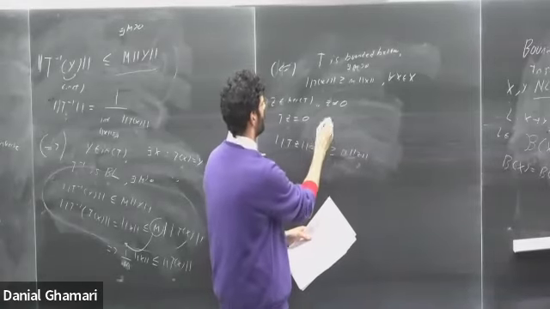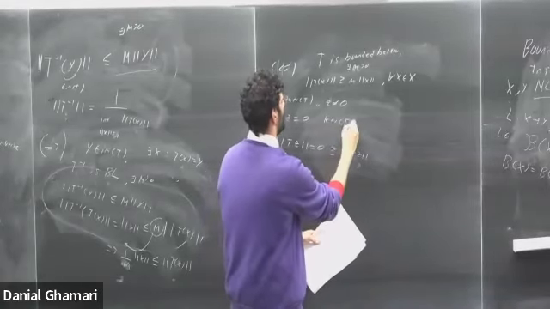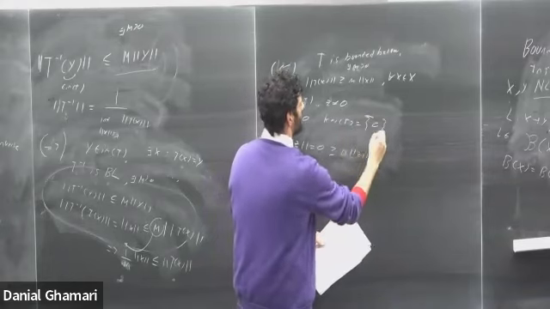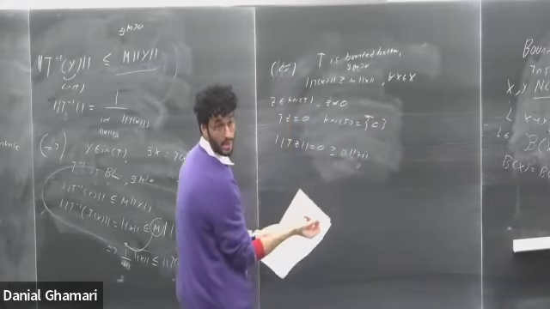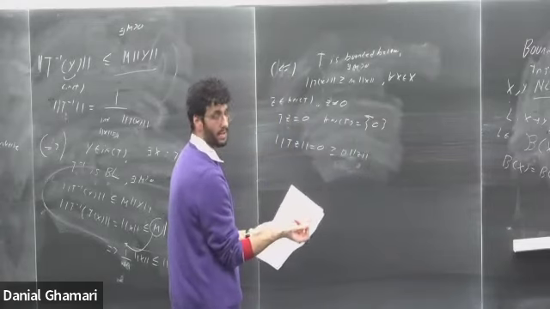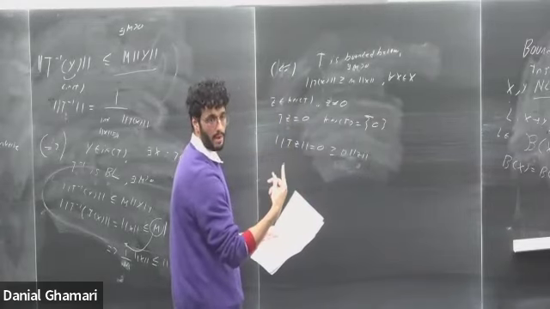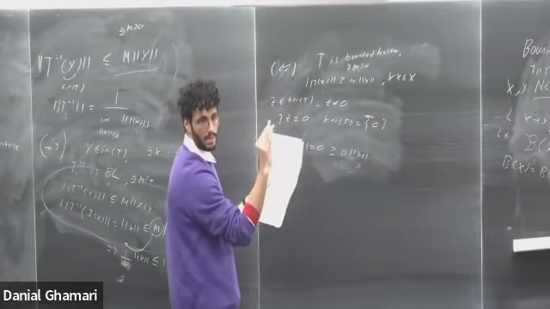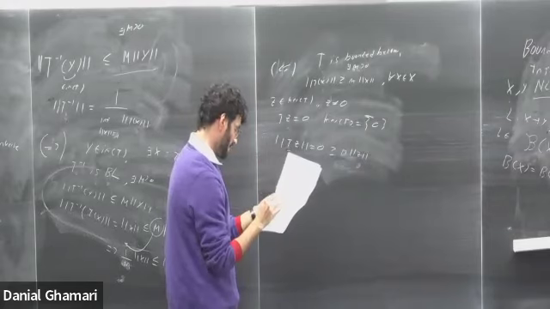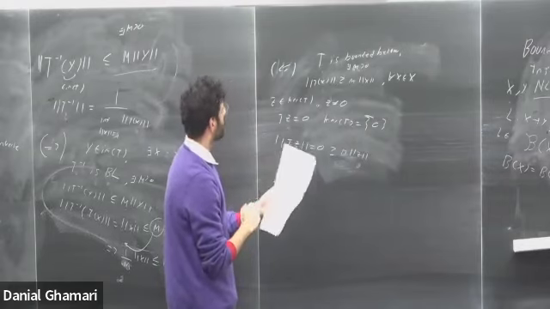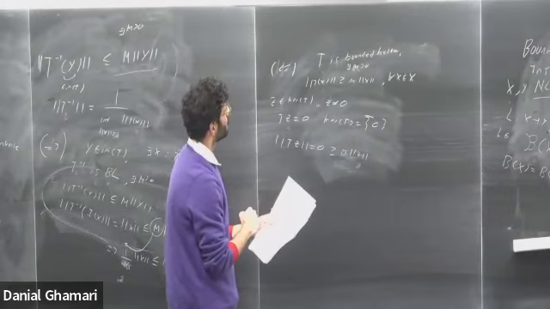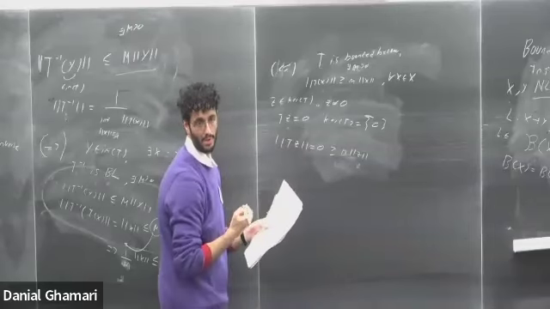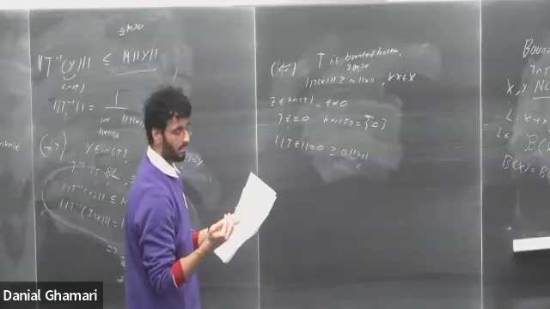That means that the kernel of T has to only be the 0. What I have now is an injective function, one-to-one. I can always find an inverse for it if I only work in the image space of T. So is it sufficient for what we want in terms of a bounded inverse? The only thing I've shown is that the inverse exists. Now I have to show that it's bounded.